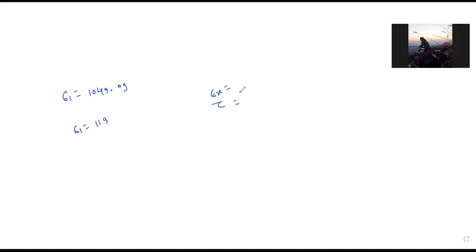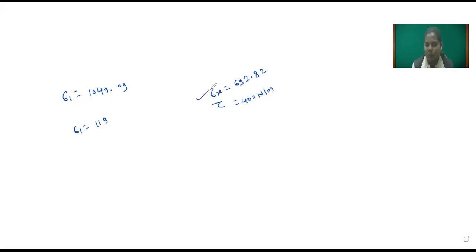Tau is 400, madam, and sigma x is 692.82. Okay, good. Correct answers. Sigma x is equal to 692.82, and tau is equal to 400.